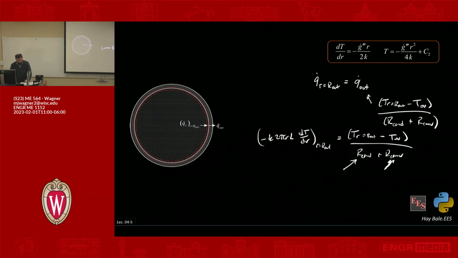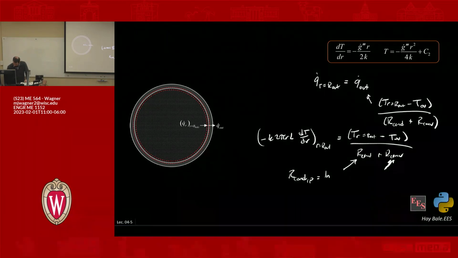So the resistance due to conduction through the plastic. All right, so our conduction plastic is going to be, it's a thin enough surface. You could probably use a plain wall conduction resistance if you wanted to, but just for the sake of being entirely correct, let's use the actual formula.